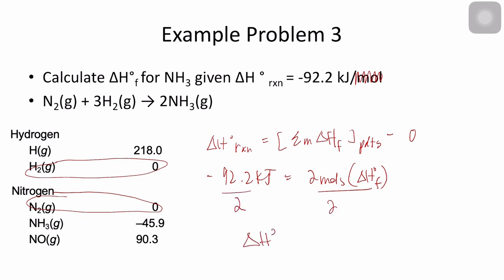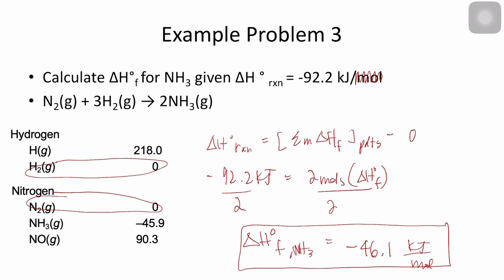We get that the standard heat of formation of NH3, or ammonia, would be negative 92.2 divided by 2, that will be negative 46.1 kilojoules per mole. So that will be the standard enthalpy of formation for ammonia.